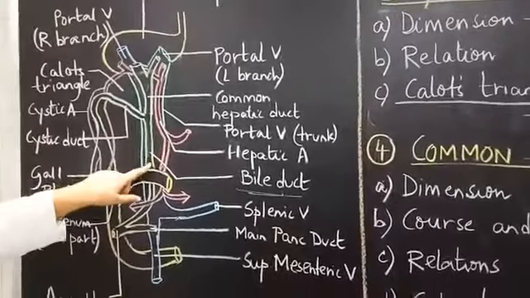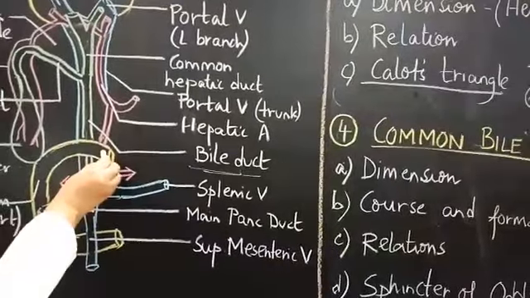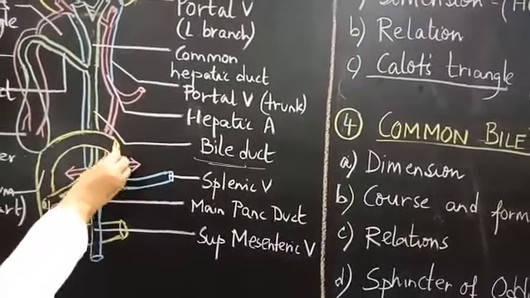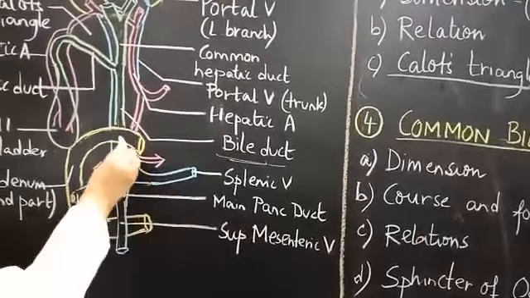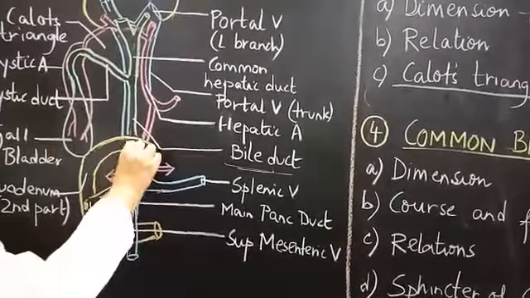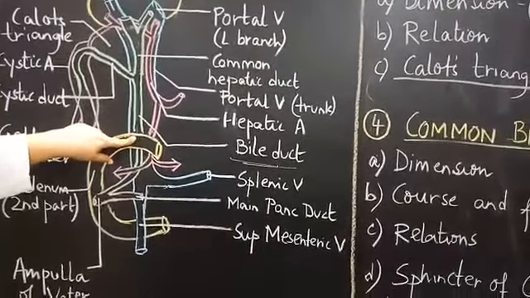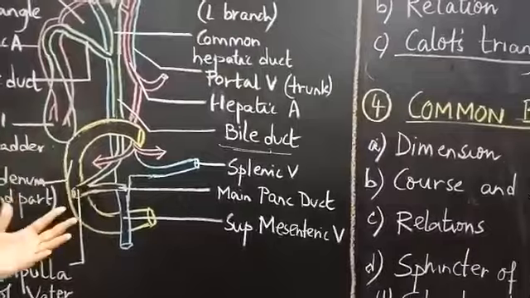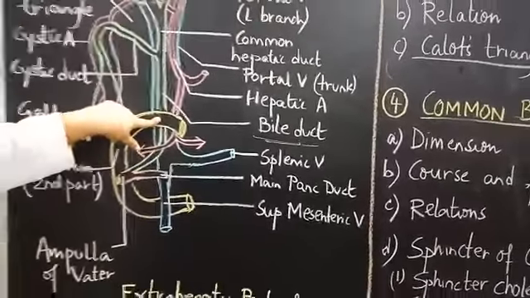And after that, it reaches the posterior aspect of the first part of duodenum. This yellow colored C-shaped structure is the duodenum. So this is the first part, it reaches the posterior aspect of the first part of duodenum and it generally lodges in a groove behind the head of the pancreas.